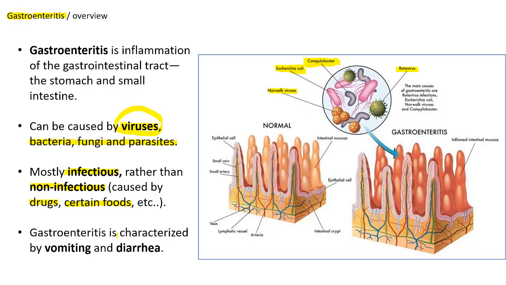Gastroenteritis is characterized by two major symptoms, vomiting and diarrhea, although we can have some more symptoms, and we will discuss that when we come to the clinical manifestations of gastroenteritis.